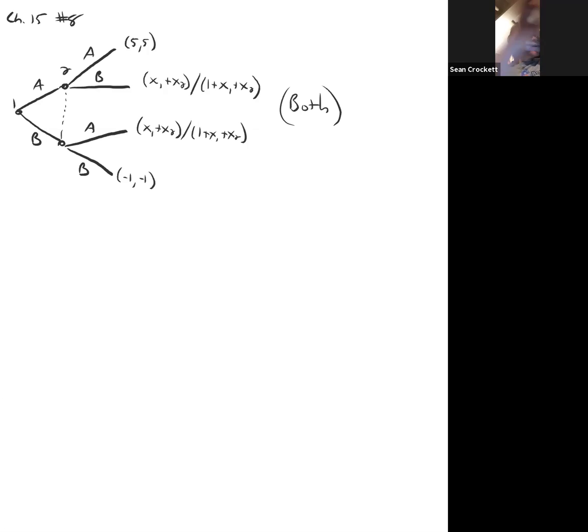Let's make sure I got the payoffs right. Yeah, that one's got me puzzling a little bit. My intuition right now is telling me that we want to pick the biggest number possible, because then each player gets the same payoff.